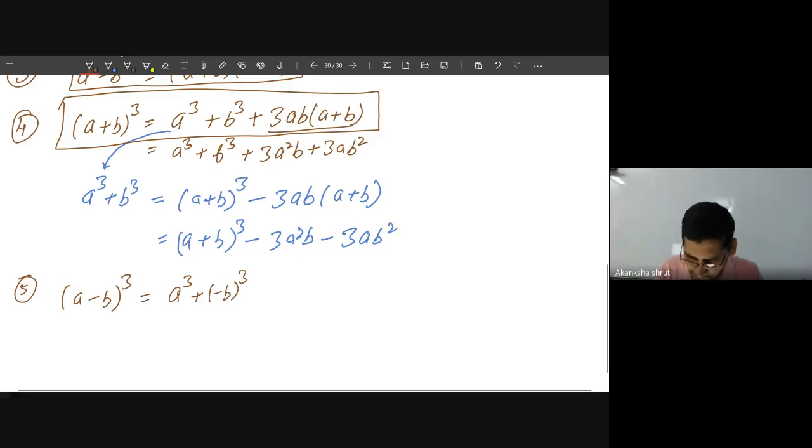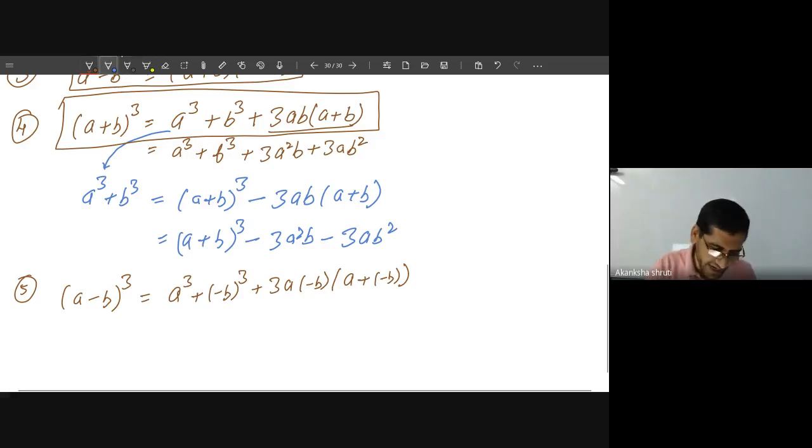Minus b cube. In place of a, I keep it as it is, but in place of b, I have to put minus b. Okay, student? I have done nothing, but I have just replaced b by minus b.